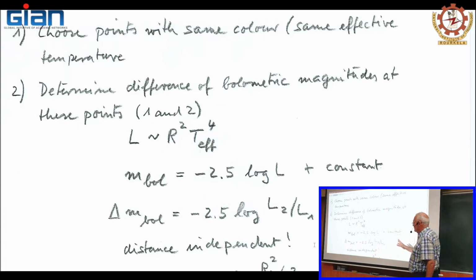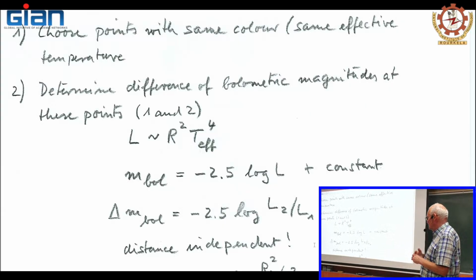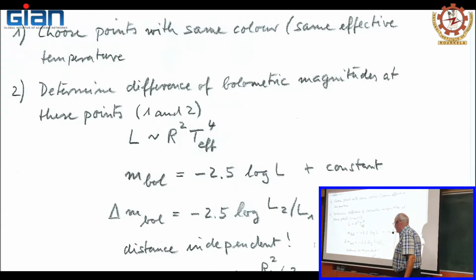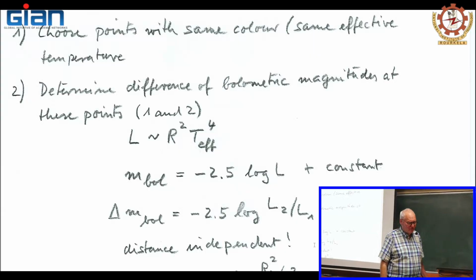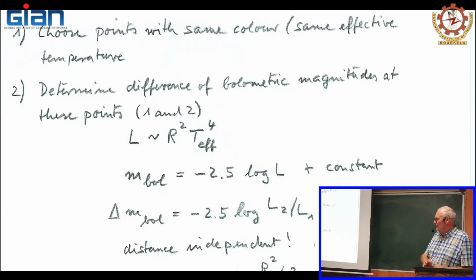Of course, the difference of bolometric or any other magnitude is distance independent. This is very nice, to have a measure for which we do not have to know the distance in detail. So this is a precise and exact relation. The delta M bolometric gives us the logarithm of the ratio of the luminosities at points 2 and 1.